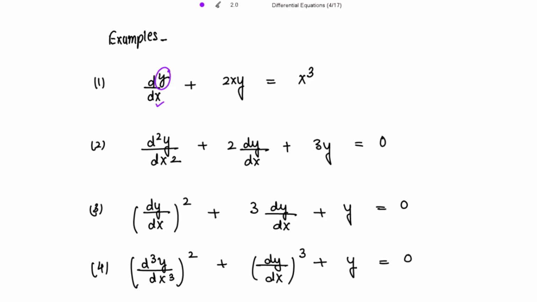In the second equation, y is differentiated with respect to x twice, and in the second term we have taken the first derivative of y with respect to x. In the third equation, we have taken the derivative of y with respect to x and squared it, and in the second term also the derivative with respect to the single variable. Likewise in the fourth equation. So these are all ordinary differential equations.